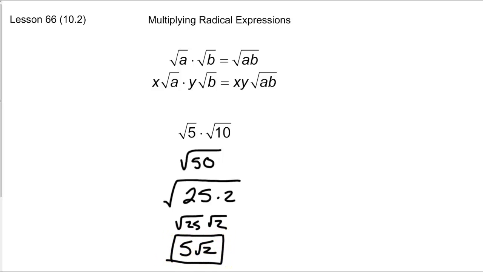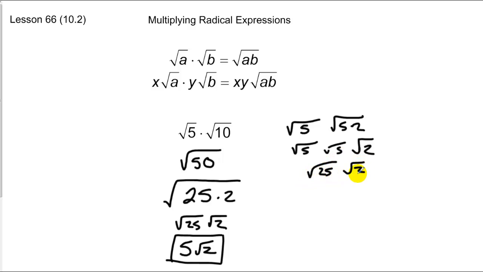Now, that's one way to do the problem. Some people like seeing that I can break 10 down into a product of two factors. 10 is just 5 and 2. And then if I split that apart and use this new property of multiplying any two factors I want together, root 5 times root 5 is root 25 times root 2, but I know root 25 is 5, so 5 root 2.